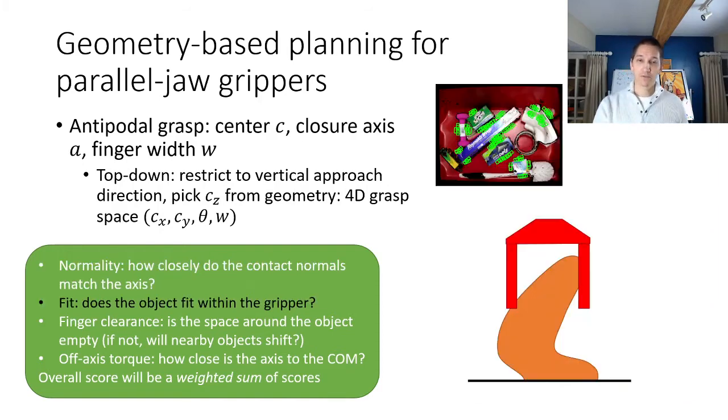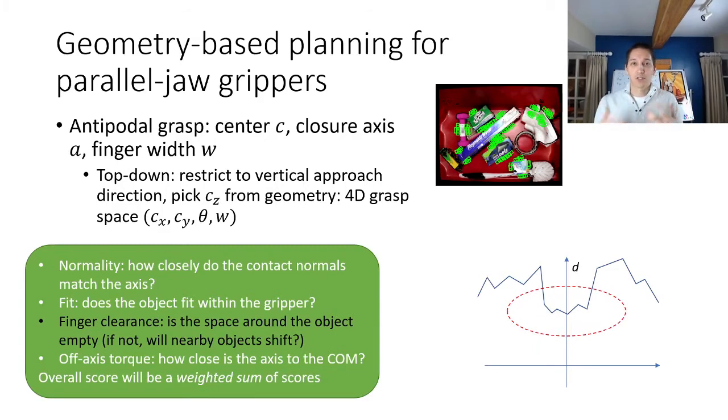I also want to look at fit. So if I have an object that's too wide, I definitely don't want to grasp it. I may want to reorient my gripper so that it actually fits around features of the object so that I can actually pick it up. I'll also want to look at the finger clearance so that there's no objects around the target object that will interfere with my fingers.